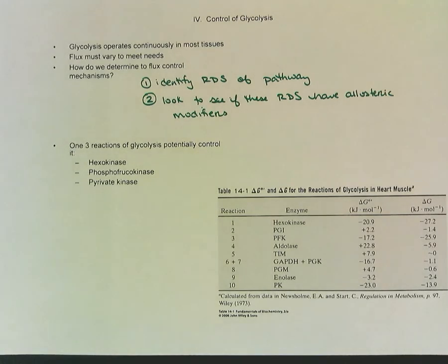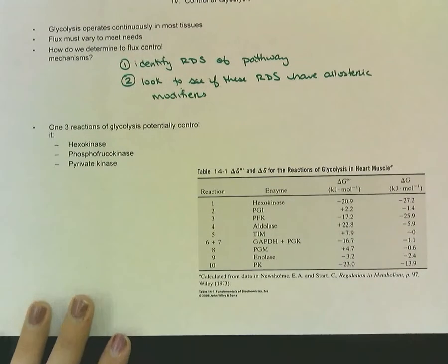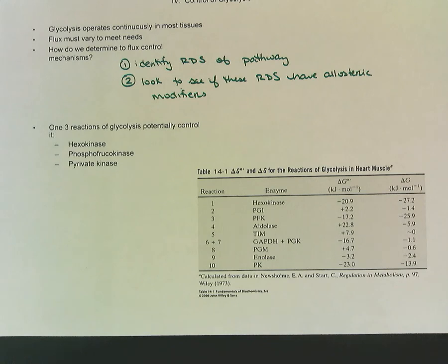And once you've narrowed down your rate determining steps, you're going to want to see, do they have allosteric modifiers, which means do they have inhibitors or activators? Something that helps control the enzyme's productivity besides just concentration.